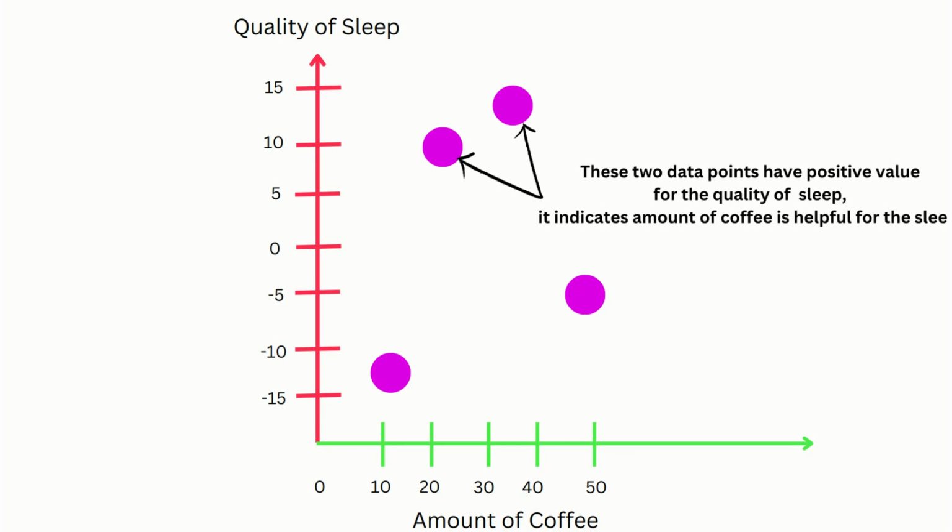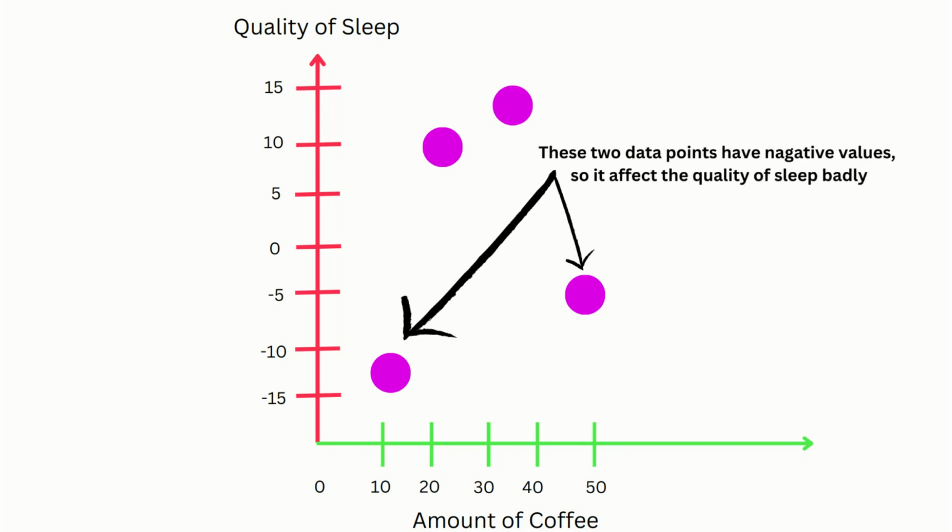These 2 data points have positive values for the quality of sleep, so it indicates this amount of coffee is helpful for the quality of sleep. As you can see on the screen, the lower 2 data points have negative values of the quality of sleep, so it indicates this level of coffee badly affects the quality of sleep.